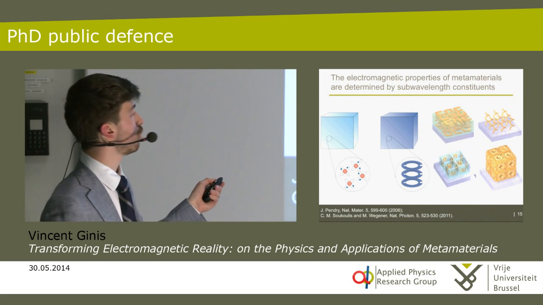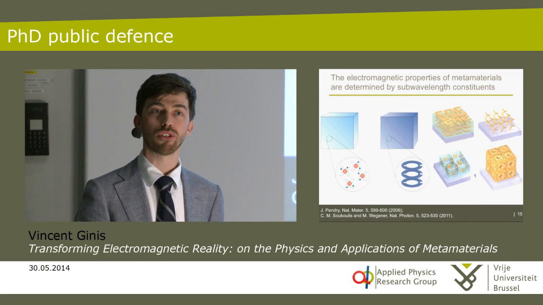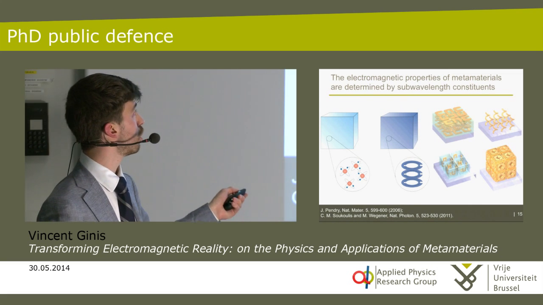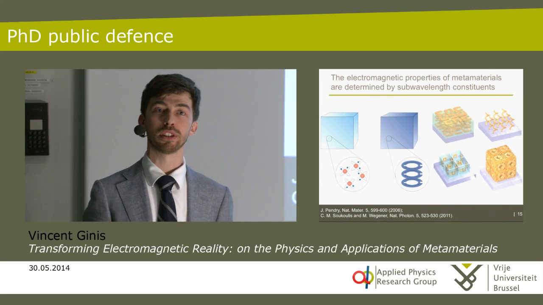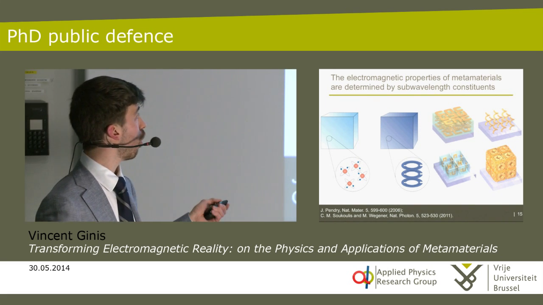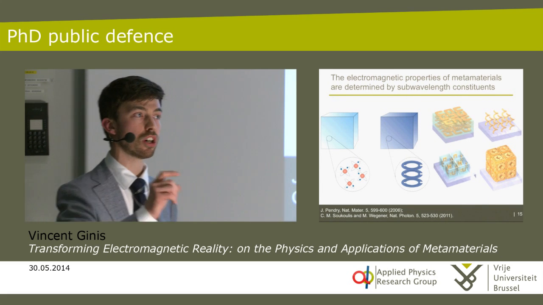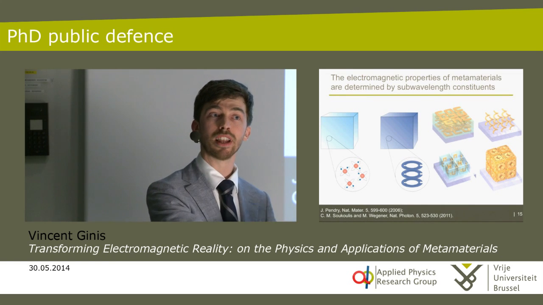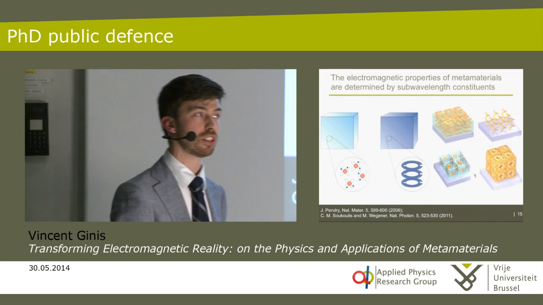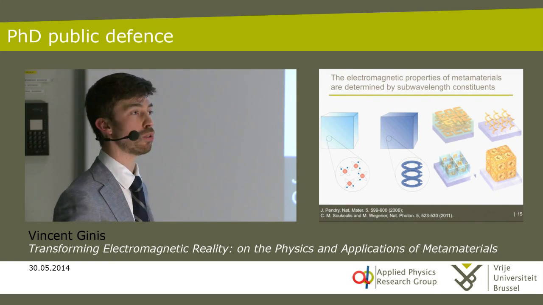Now, the electromagnetic response, read the index of refraction, of glass is entirely determined by the individual atoms or molecules. So when you illuminate such a material with light, all the individual atoms will start to resonate, and they will become small antennas and re-emit the light, and as such, the material starts to play a macroscopic role.